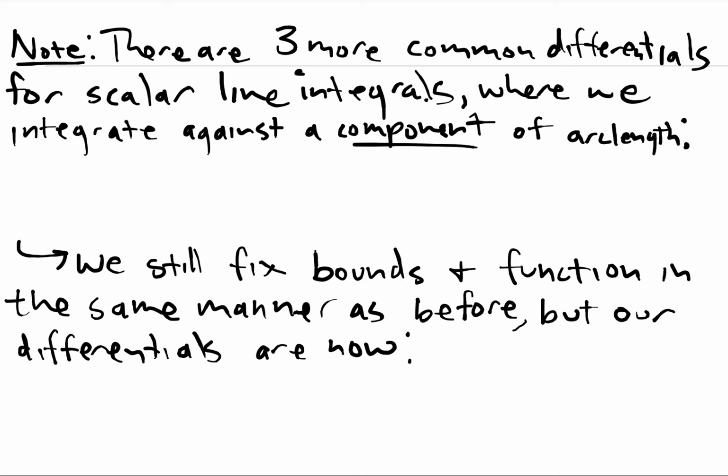Now, for these other differentials, these are different types of line integrals from what we've been doing, where we aren't necessarily integrating against arc length s. The 3 other ones that we might see, and these are actually maybe kind of comfortable looking, dx, dy, and dz.